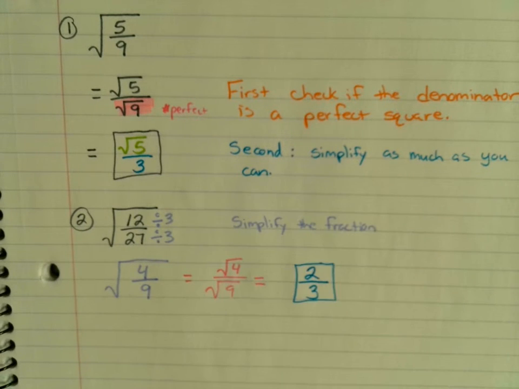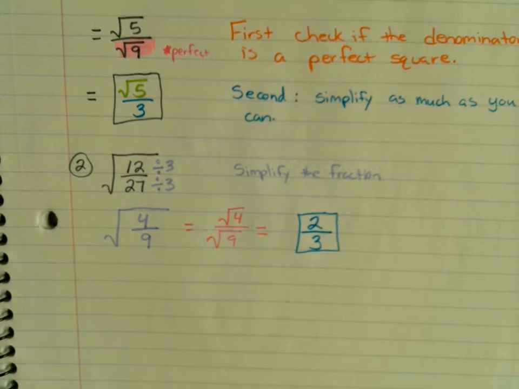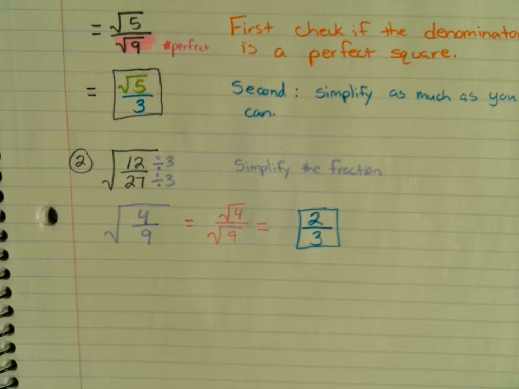But like I said, normally in a problem, we always simplify first, then work with the problem. When it comes to fractions with radicals, you want to see if your denominator is perfect first.